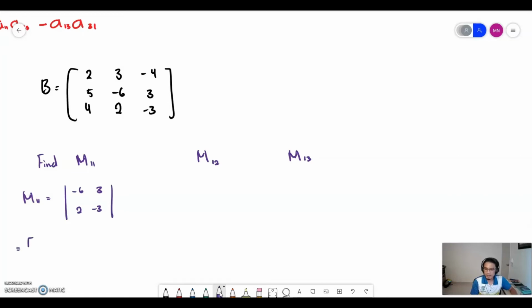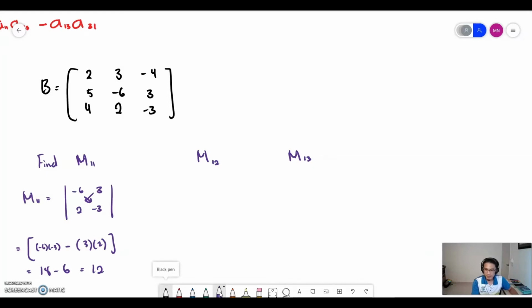So we have the multiplication of negative 6 with negative 3 minus 3 multiplied with 2. From that we have 18 minus 6, which is equal to 12.